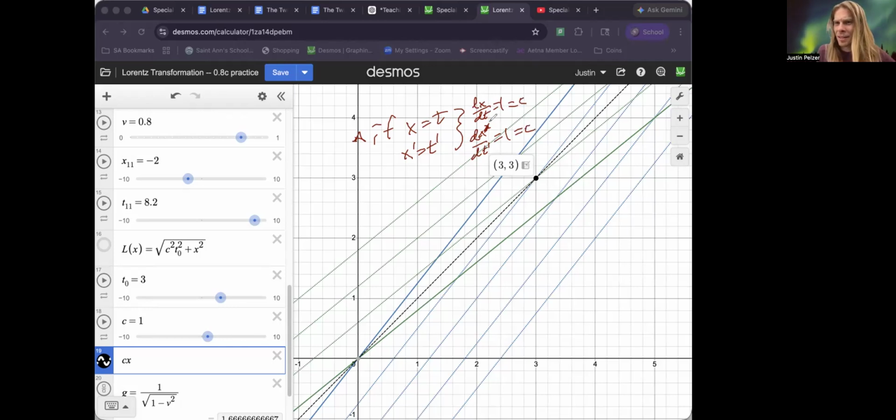Remember, because velocity is in terms of light speed. So 3 over 3, still 1. 1 over 1, still 1. The point is the speed of light, right? 1 comma 1 yields a speed of light in the rocket's reference frame of 1 times the speed of light.